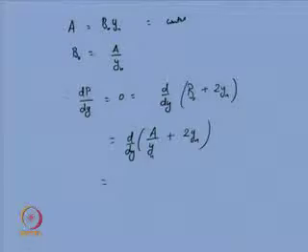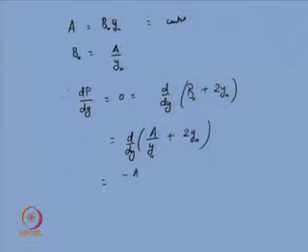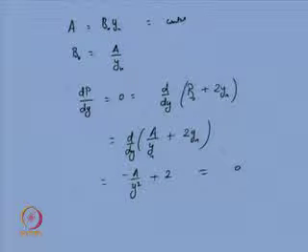A is a constant. We suggested A all through design, already A has been established, A is a constant. So, it is not going to vary. So, this quantity is minus A by y squared plus 2, and it has to be equated to 0.